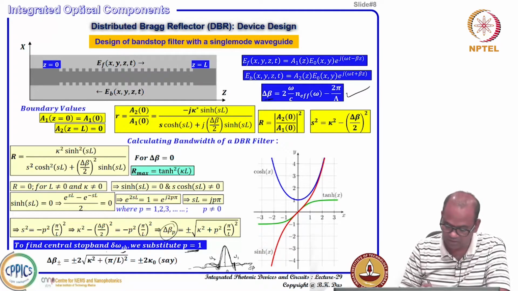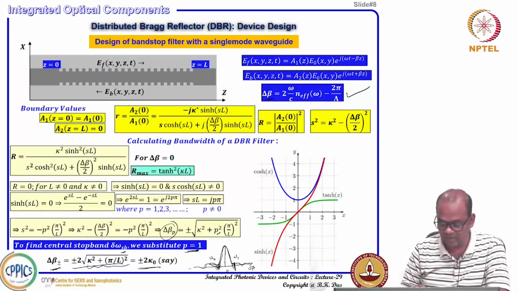That is, to find the central stop band we have to put p equal to 1, then you get delta beta two values, plus minus the square root of kappa squared plus (pi by L) squared. Whatever value is coming inside the square root, that can be kappa naught. Kappa is the coupling coefficient, we know that, but you have to add (pi by L) squared.